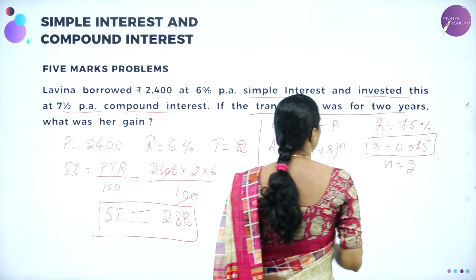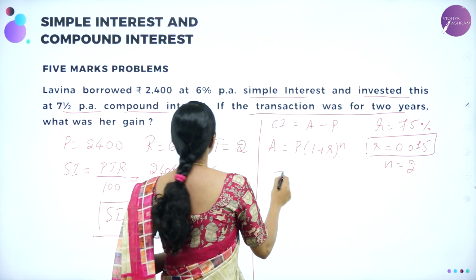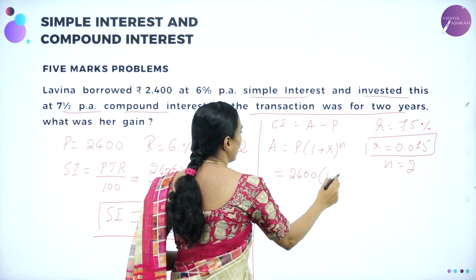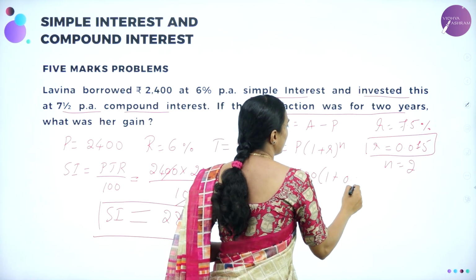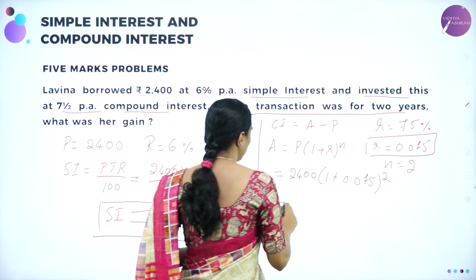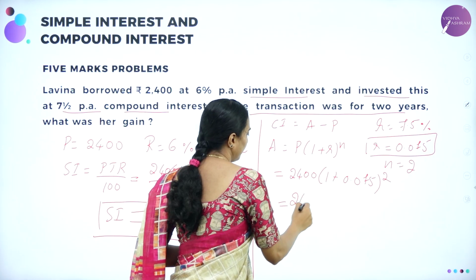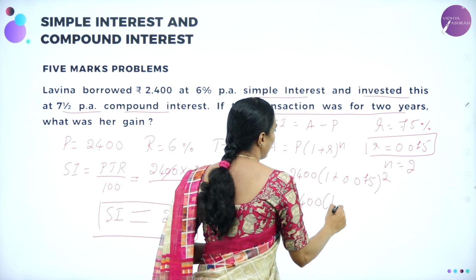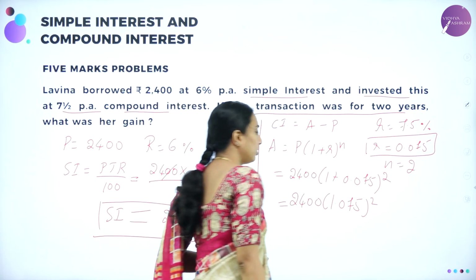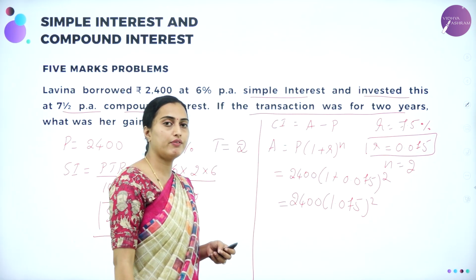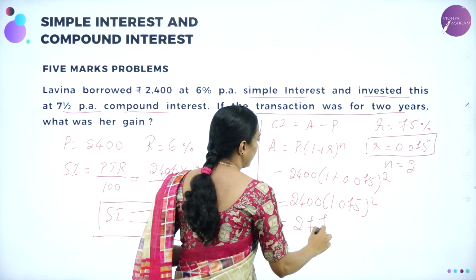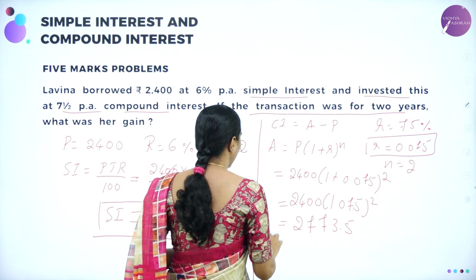So substituting this, we are going to get P is equal to 2,400 into 1 plus R is nothing but 0.075 to the power of N is nothing but 2 years, which will be equal to 2,400 into 1.075 whole square, which is equal to 2,773.5. This is your A.